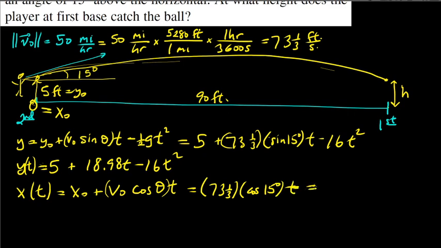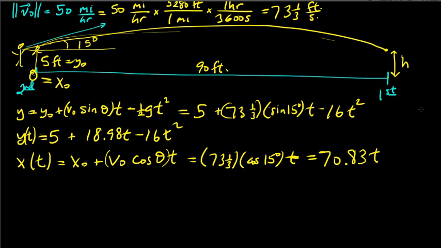All right, so 73 1/3 times the cosine of 15, I get 70.83 times t. Okay, so that's the x component. I'll just copy it down here for posterity. So 70.83 times t, plus 0 because x0 is 0.